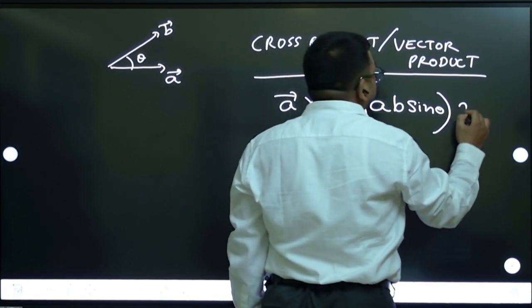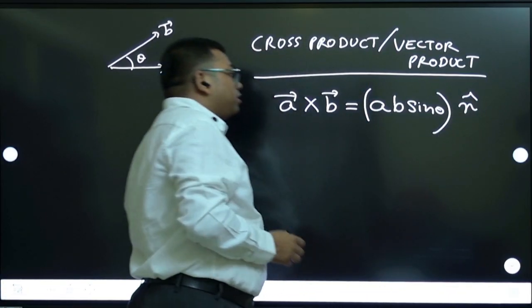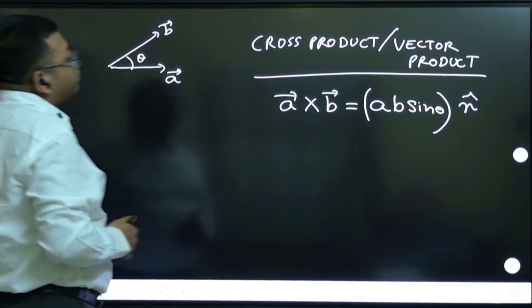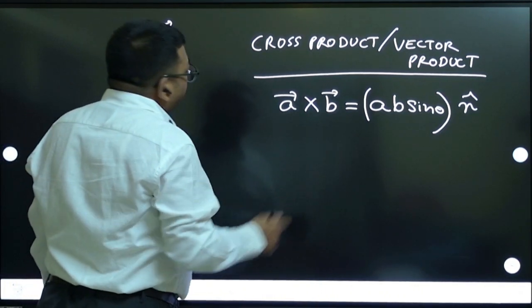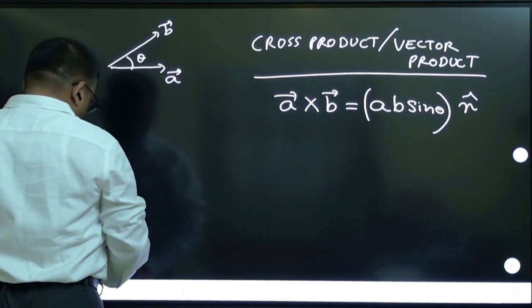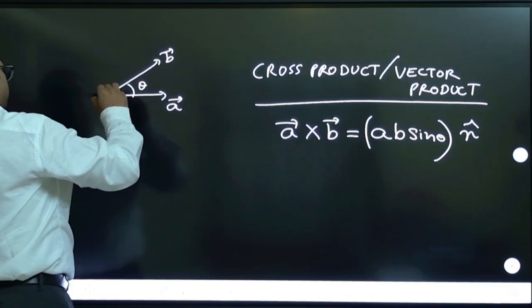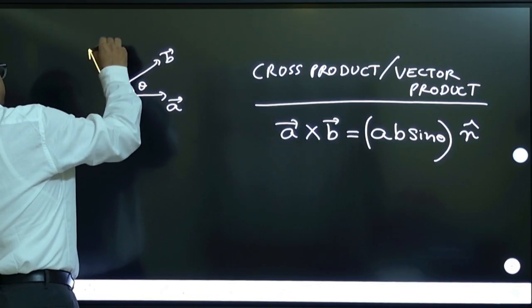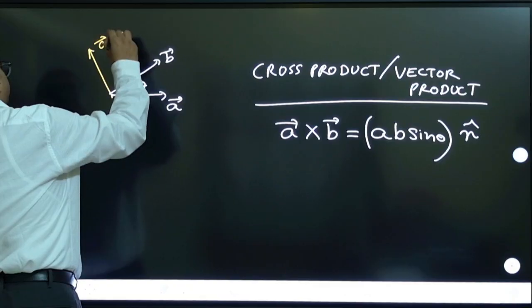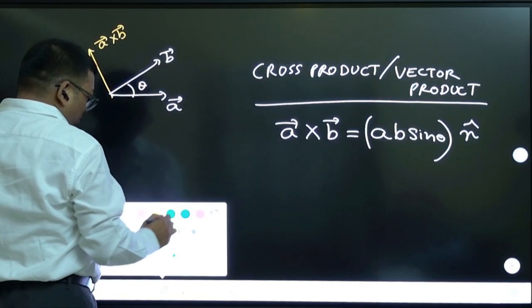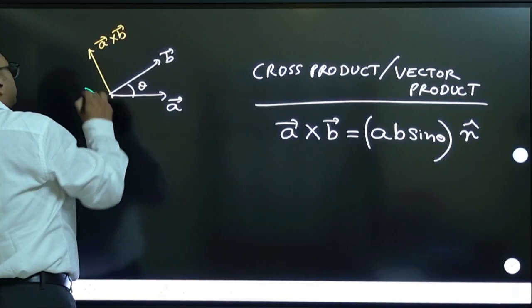But there is a unit vector multiplied here. This unit vector gives the direction of A cross B. This direction is given by the right hand thumb rule. So this is the direction of A vector cross B vector, and this is given by the right hand thumb rule like this.